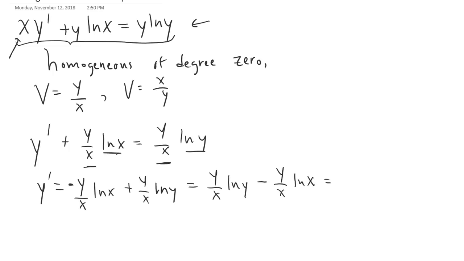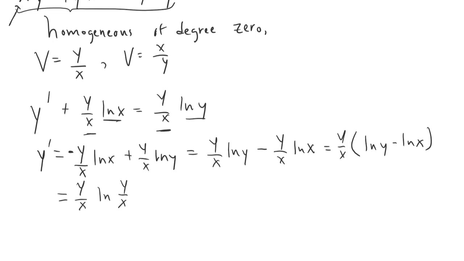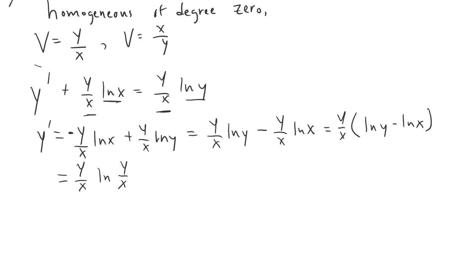One of the things I can notice here is that if I factor out a y over x, I'm going to end up with ln y minus ln x, and utilizing rules of logarithms, that is going to be y over x ln y over x. Now that I know that, I can do this change of variable. I can change my y over x into a v. So this is going to be v ln v, and that's going to equal dy dx.